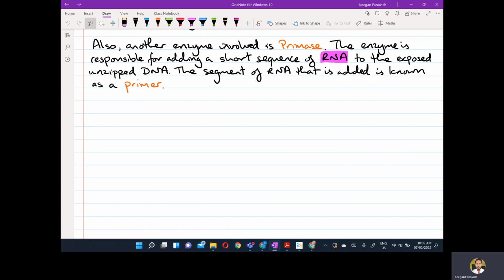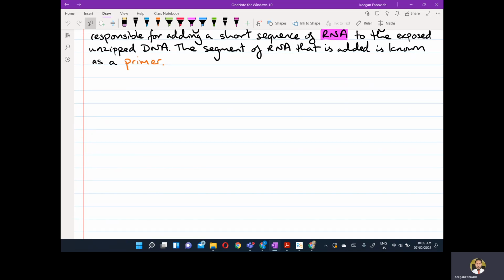So the primer is necessary mainly for two things. One is that it stabilizes the DNA, and the second thing is that it's a site for attachment of the DNA polymerase. Okay?